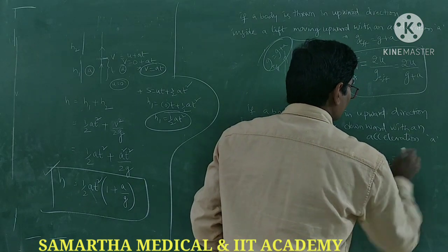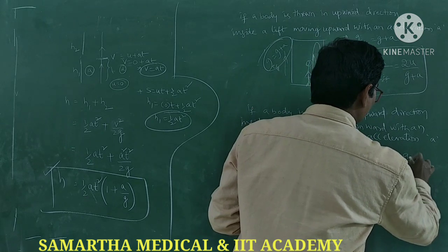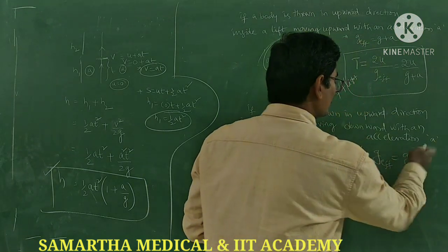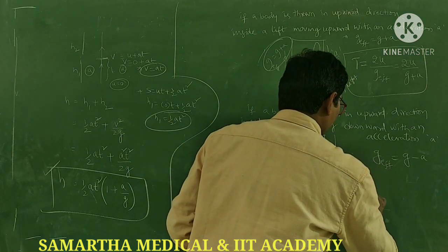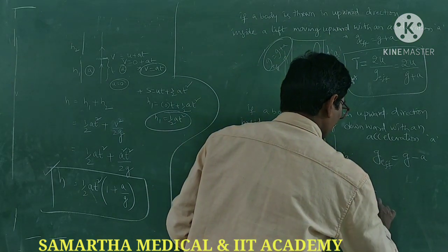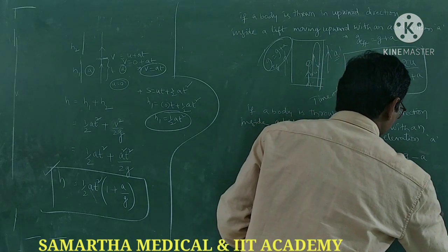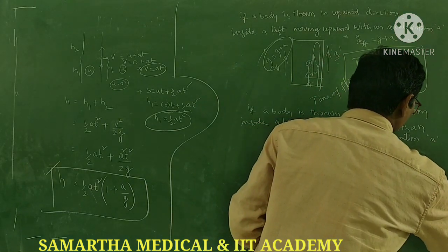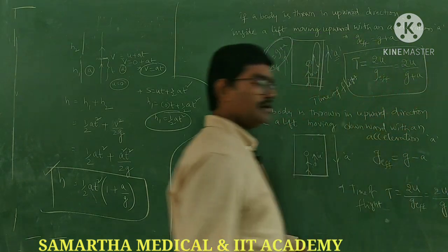I am asking g effective. G minus a. Yes, g minus a. Now the time of flight t is equal to 2u by g effective, so 2u by g minus a. Okay?